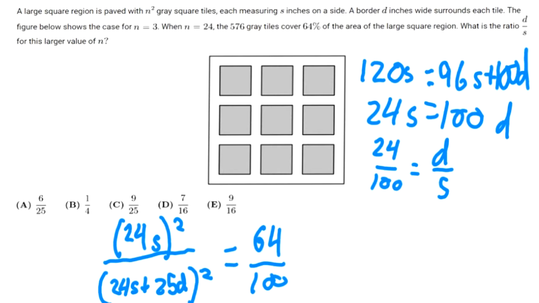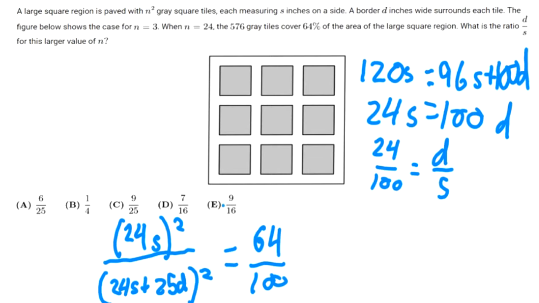So the first thing is, we have to find the area of the gray area, and to do that we would do (24s) squared, and we have to find the area of the bigger square. So that would be (24s plus 25d) squared. And that would all equal 64 over 100, because that's what 64% is as a fraction.